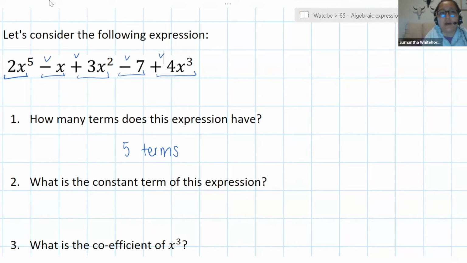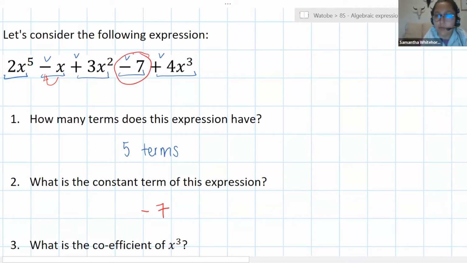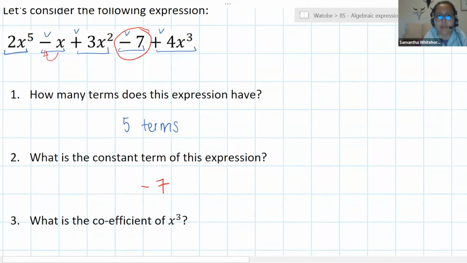So if we think about the second term over here, which is the negative x, that negative sign belongs to that term. So if I'm asking you what the constant is, exactly as all of you are saying, it is negative 7. That is the term without the variable, without the letter next to it. And it is actually a negative. So we need to remember that negative sign, which is awesome. You're all doing that. Well done.